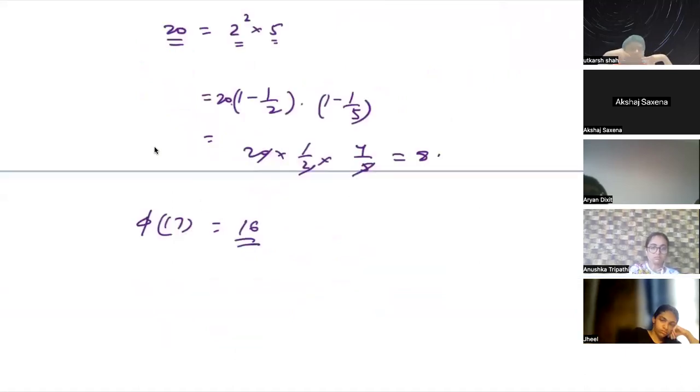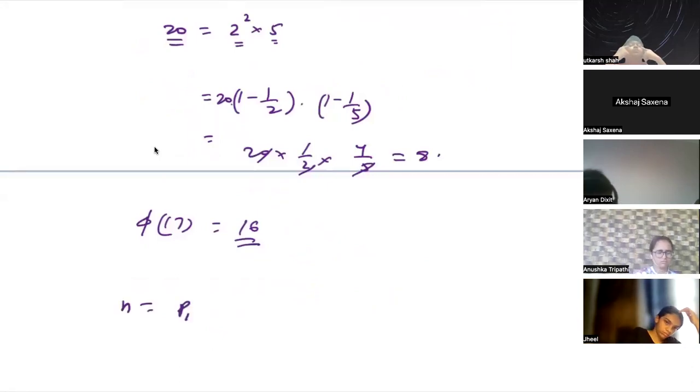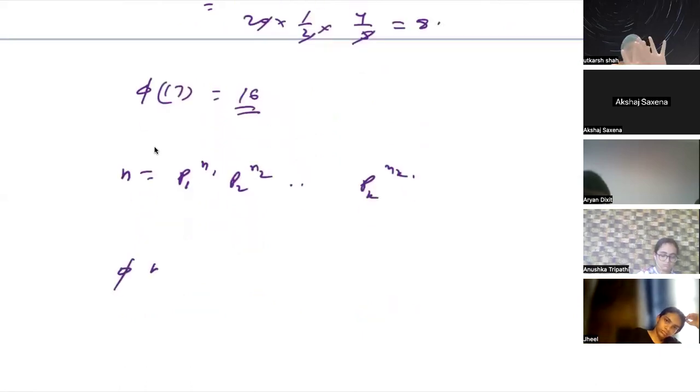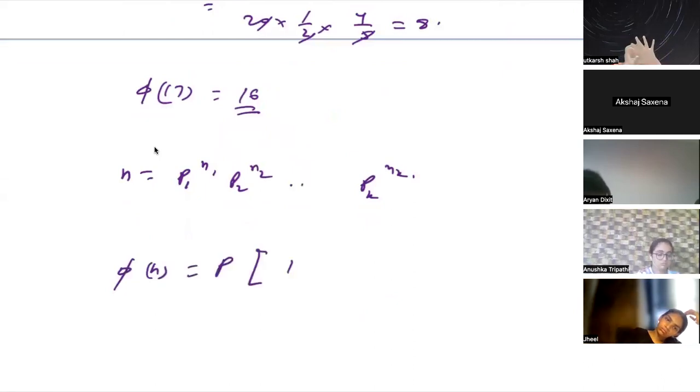Or we can say if n is denoted as p1 to the power n1, p2 to the power n2, up to pk to the power nk, then phi of n is nothing but n into 1 minus 1 by p1, 1 minus 1 by p2, and so on; all the prime factors you have to take in that way.